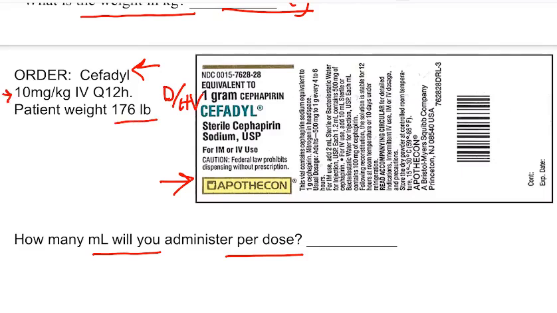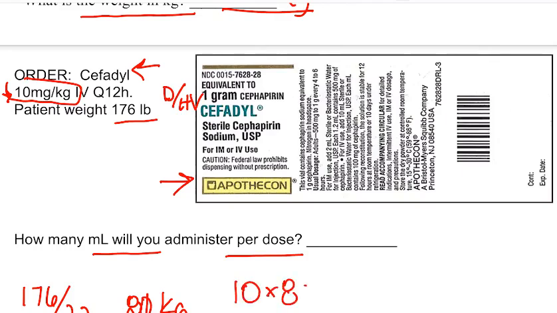So first I need to put my weight in kilos. 176 divided by 2.2 is 80 kilograms. Now I know it's 10 milligrams for every kilogram, so 10 times 80 equals 800 milligrams. That's going to be my dose here.